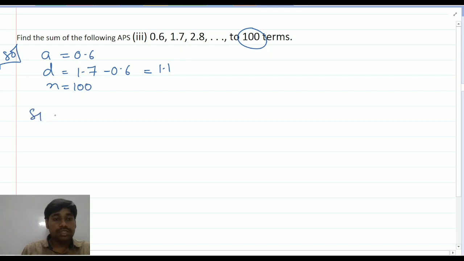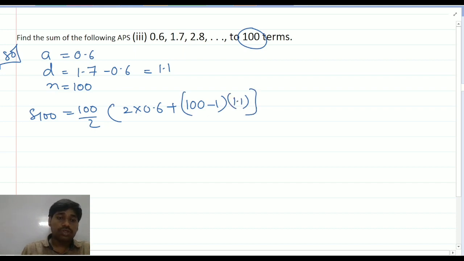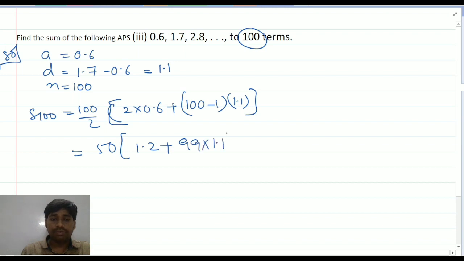So S100 equals 100 by 2 of 2 into 0.6 plus (100 minus 1) that is 99 into 1.1. So 50 into 1.2 plus 99 into 1.1.